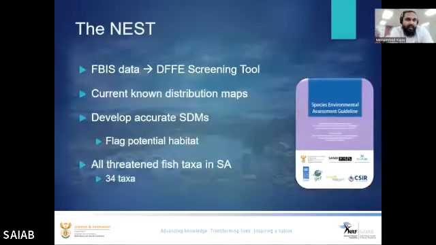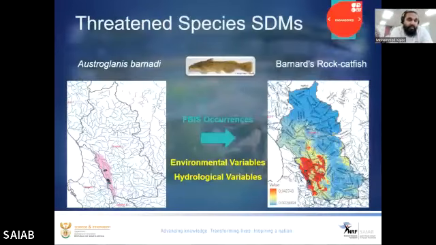So how does this national environmental screening tool work? We've taken the FBIS data and handed it over to the screening tool by developing current distribution maps as well as species distribution maps in order to flag potential habitat where threatened freshwater fishes occur. How does this work visually? For example, for Barnard's rock catfish, we've taken the occurrence record, put it through a species distribution model to develop an accurate species distribution for the species.